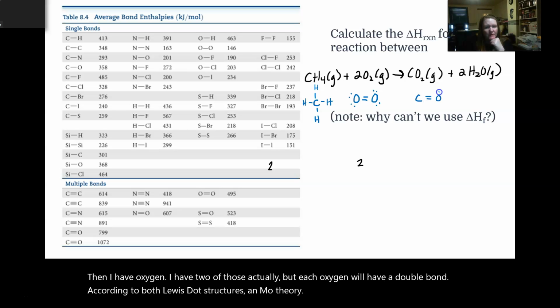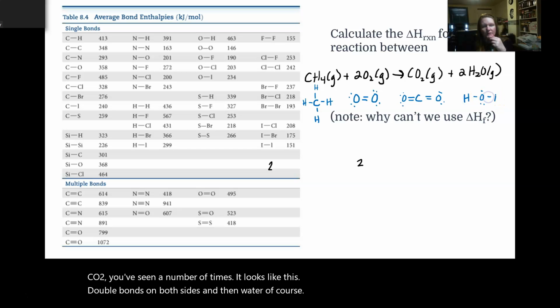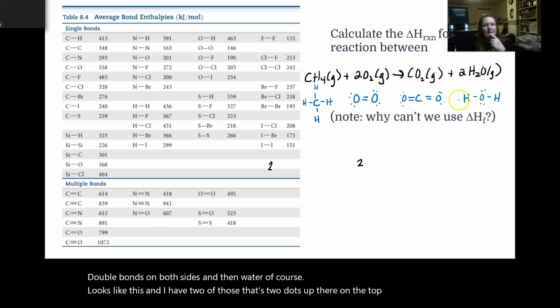CO2 we've seen a number of times. It looks like this. Double bonds on both sides. And then water, of course, looks like this, and I have two of those. That's two dots up there on the top. Okay, so we have these atoms connected to each other in these ways.